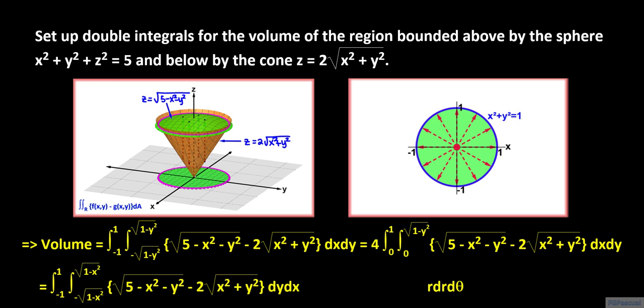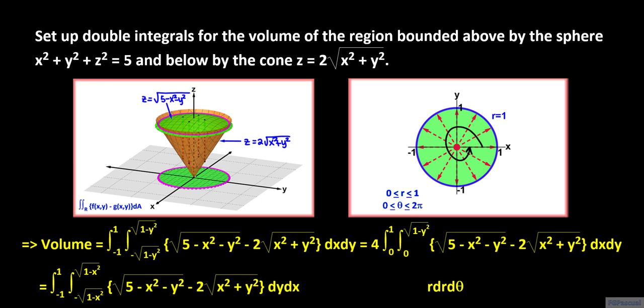R equals 0 at the origin and r equals 1 on the unit circle, and so we have the inequalities for r. For the variable theta, since the r theta projection is the entire circular interior of the unit circle, theta goes from 0 to 2 pi.